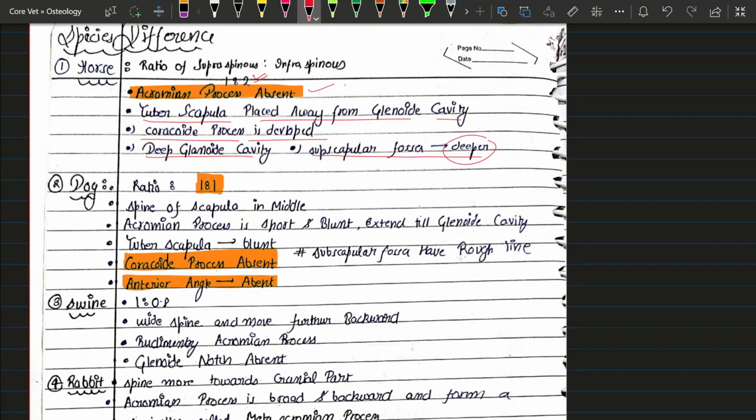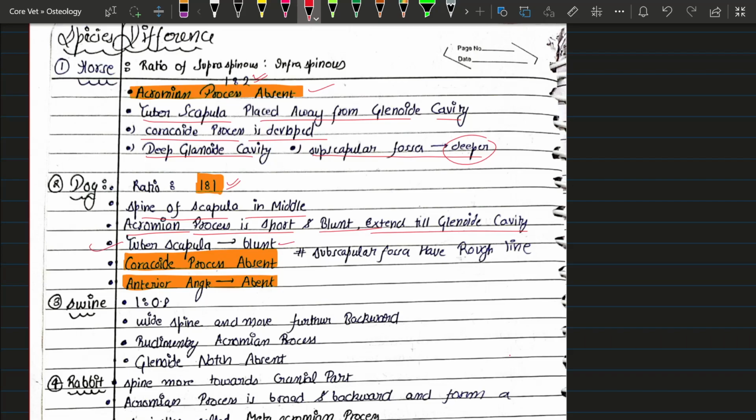The peculiarity by which you identify the scapula of the dog is that the ratio of the infraspinous and supraspinous fossa on the lateral surface is 1:1. The second thing is that the spine of the scapula is at the middle. The acromion process is short, blunt, and extends towards the glenoid cavity.